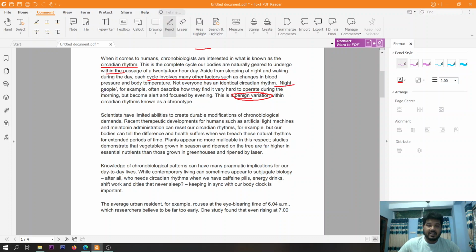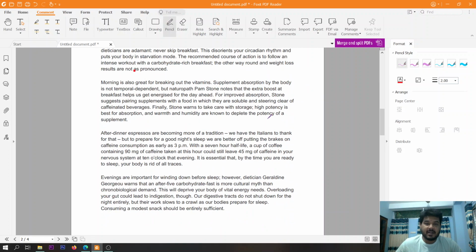If we talk about the night people, which is one of the keywords that we had underlined there, it says, for example, how they find it very hard to operate during the morning, but become alert and focused by evening. Now, this is a benign variation. The difference between the day people and the night people is very benign, which basically means it's not harmful, and it's very little.